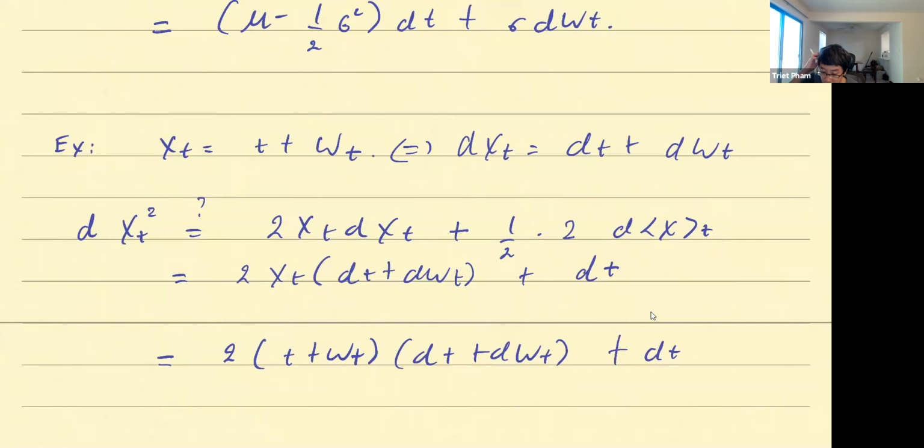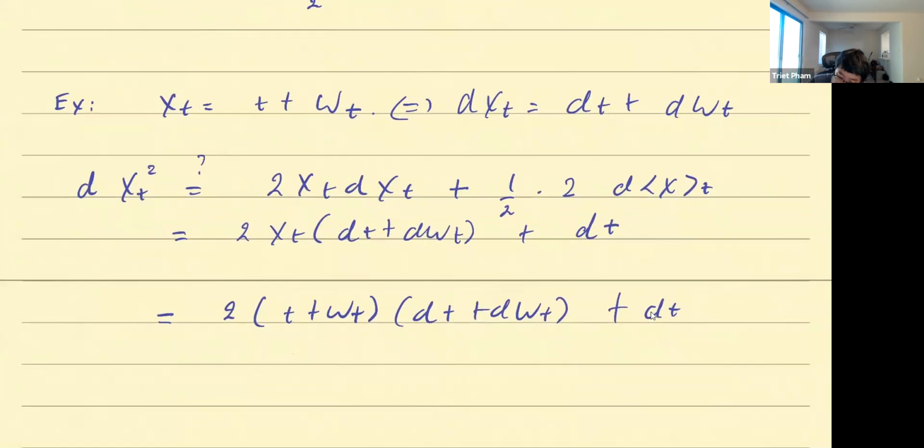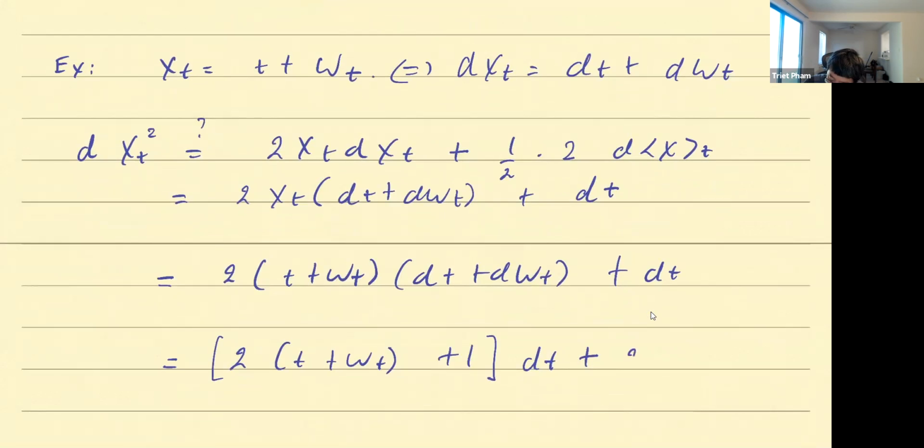That looks a little confusing, but if you combine the dt term and the dW_t term, what you get is (2(t plus W_t) plus 1) dt plus 2(t plus W_t) dW_t.